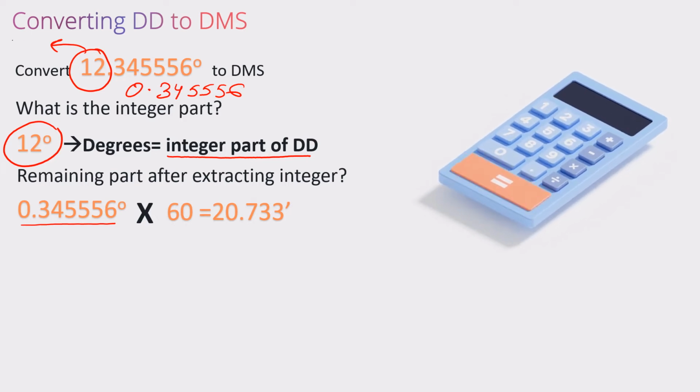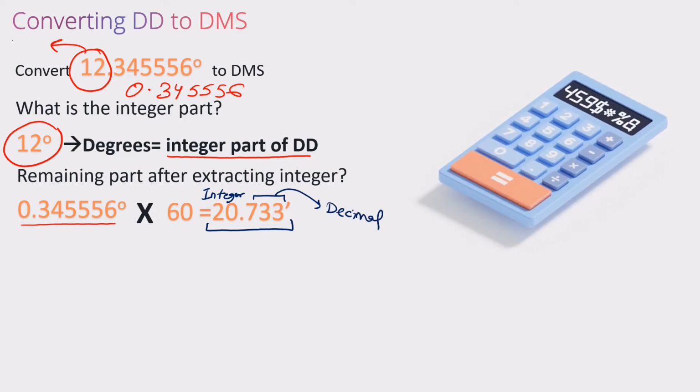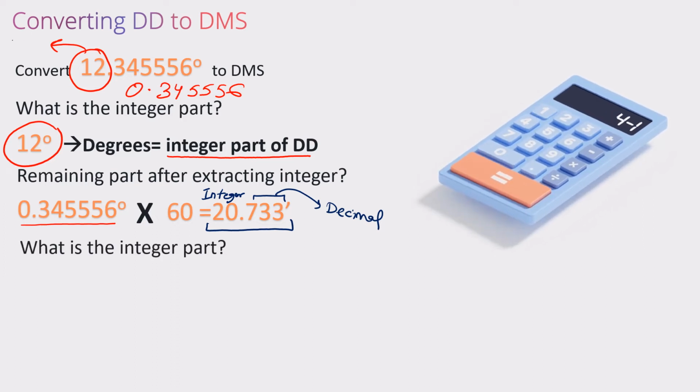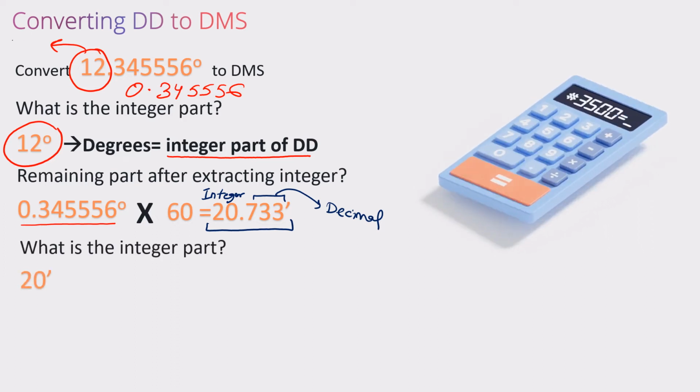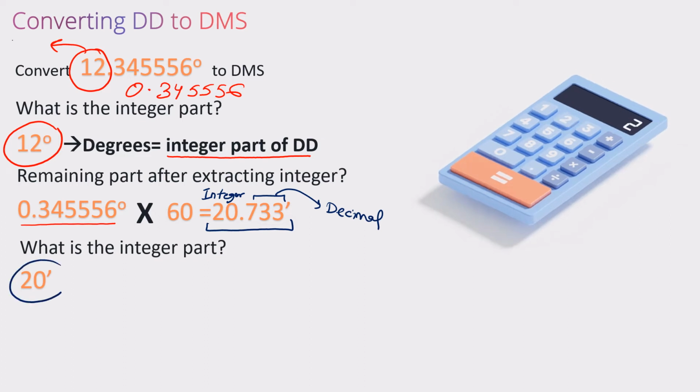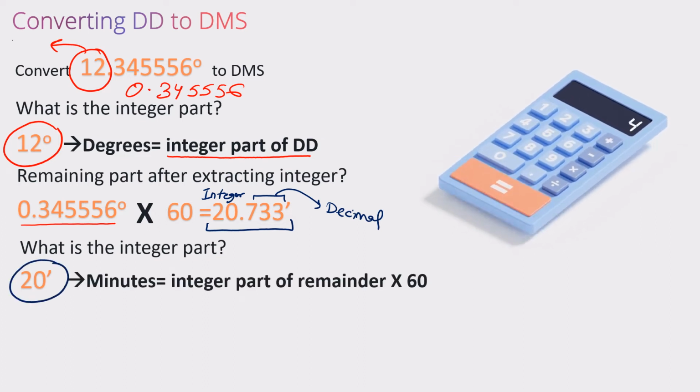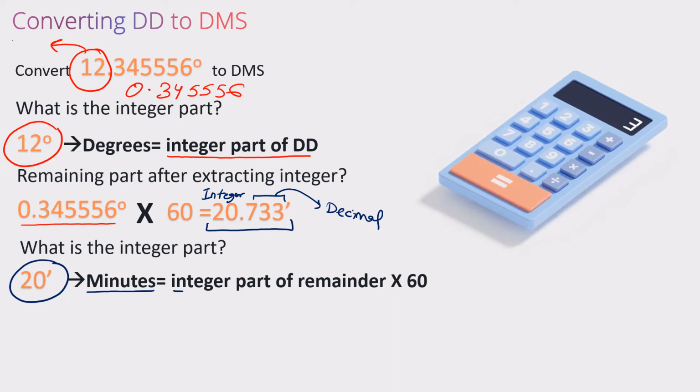Again, you can see that it has two parts, the integer part and the decimal. All you need to do is extract this 20 from this value. So the integer part is 20, and this 20 becomes the minutes. So minutes is the integer part of the remainder times 60.